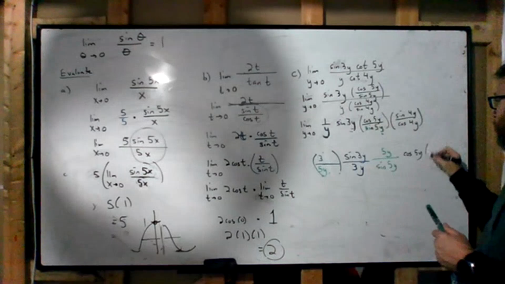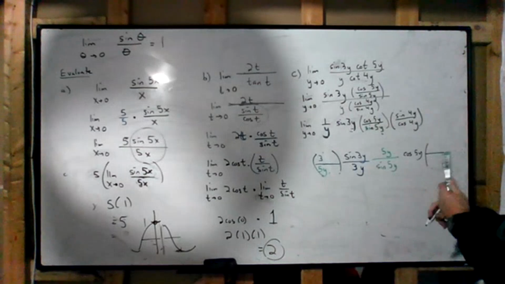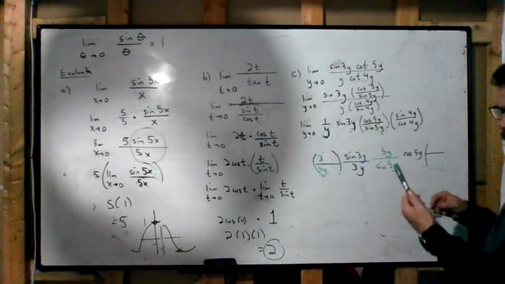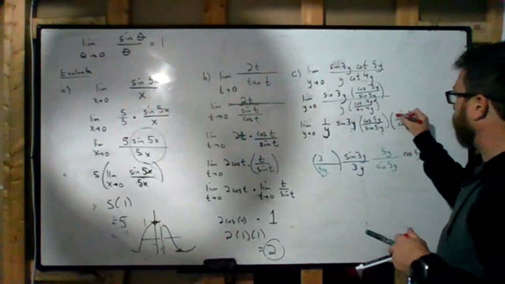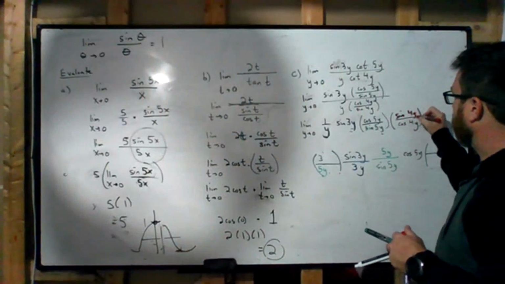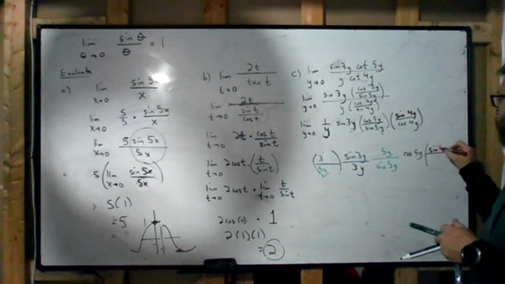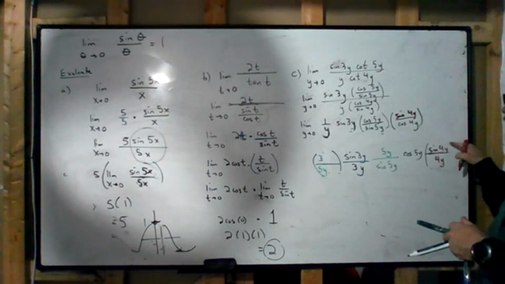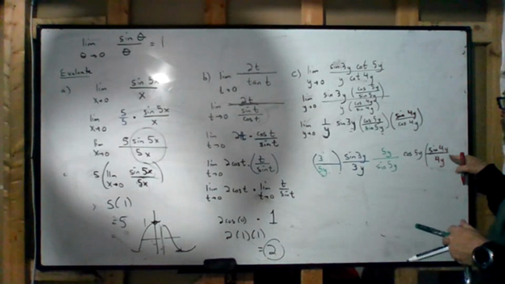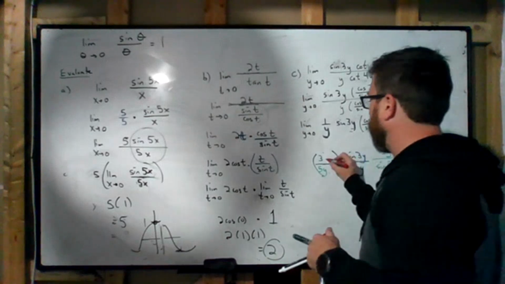And over here I have the sine of 4y. If I have a sine of 4y, I also need a 4y on the bottom, since I need sine of theta over the exact same theta. So if I do a 4y on the bottom, I have to do a 4y on the top.